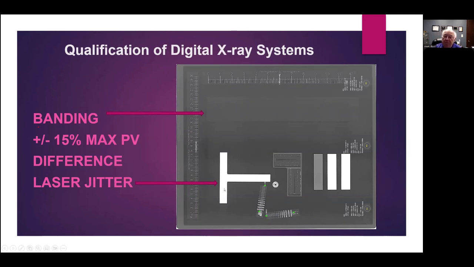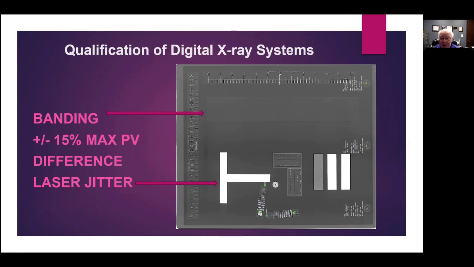Laser jitter, as your plate is feeding through the system, if it's not moving at the right rate, it might jitter or shake, and that will produce a distorted image. So you look at the edge of the laser scan of this T, and it'll give you the image in both directions, in the feeding direction and in the cross direction.